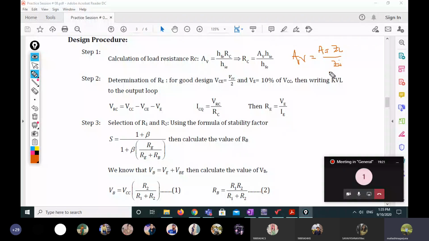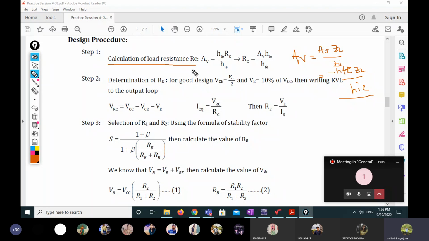In the simplified model, AI is nothing but minus HFE, and ZI is nothing but HI. This is the formula in the simplified model. Please go back and check it. Voltage gain is equal to minus HFE ZL by HI. But in the design process, what will we calculate? We are calculating the load resistance RC.